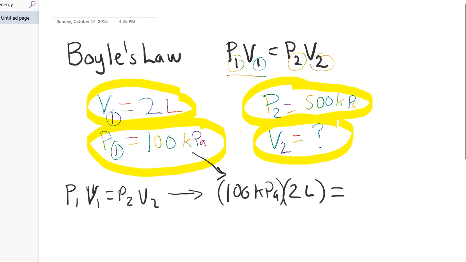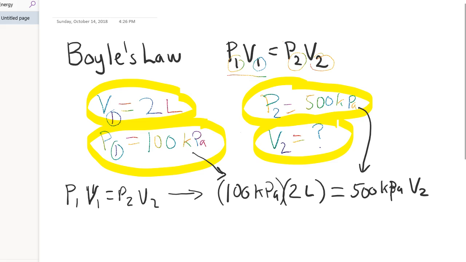Then that is going to equal P2, which we get from up here, 500 kilopascals. And then this is the variable that we need to solve for. So in order to solve for this, we have to do a little algebra.